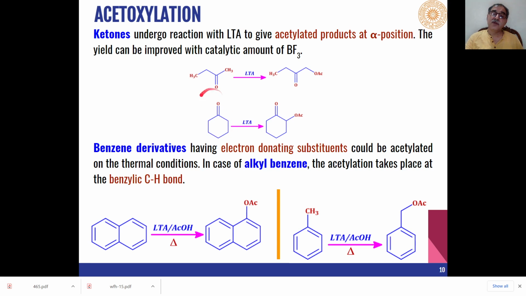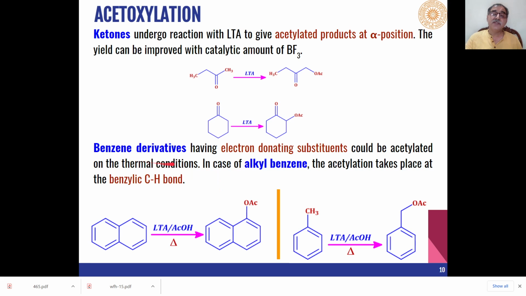Similarly, cyclohexanone is a symmetrical ketone, so either at this alpha position or at this alpha position it can undergo acetoxylation to give us these types of products where the acetate group is attached at the position alpha to the carbonyl.